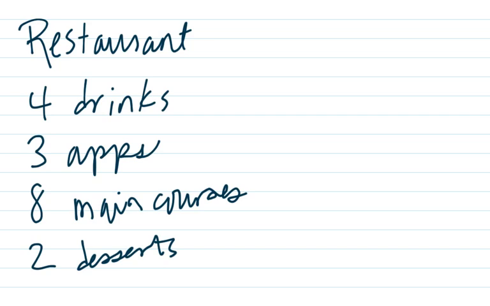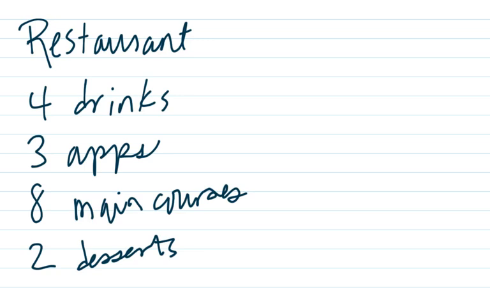So, a restaurant offers 4 drink options, 3 appetizers, 8 main courses, and 2 desserts. If you get one of each to complete your meal, 1 drink, 1 appetizer, 1 main course, and 1 dessert for your meal, how many different meal combinations are there?